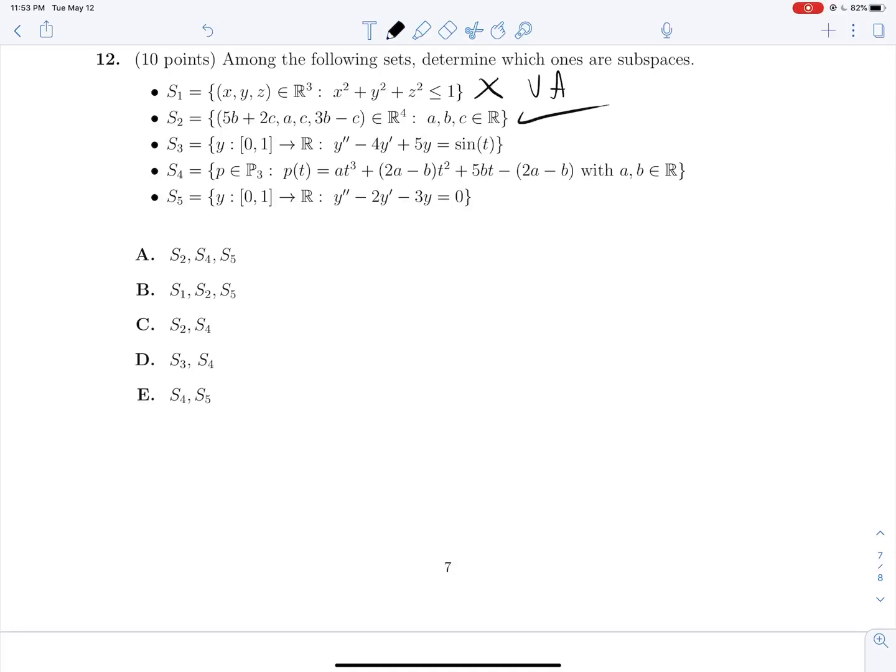What about number 3? We have this equation right here, and it's always scary when we end up trying to figure out whether a differential equation is a subspace. But this one is pretty easy. We're going to have a complementary solution given by the homogeneous equation, where we solve the characteristic equation to find it, and then we'll have a particular solution.